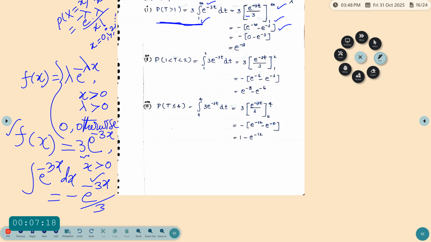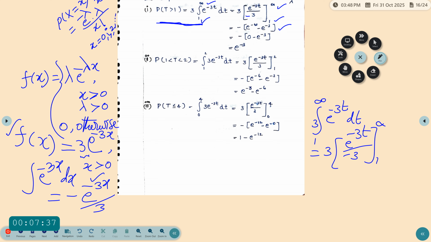So the integral of 3 e power minus 3t dt with limits 1 to infinity is 3 e power minus 3t divided by minus 3.